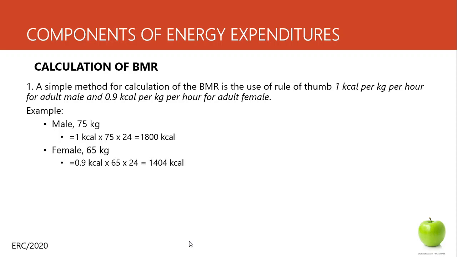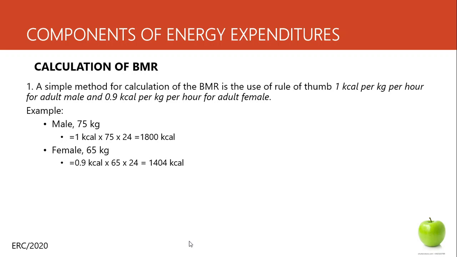Thus an individual whose ideal body weight is 50 kilograms has a basal metabolic energy need of 1000 kilocalories per day. That is 50 multiplied by 1 kilocalorie times 24. However, this value may not be applicable for an obese or lean individual.